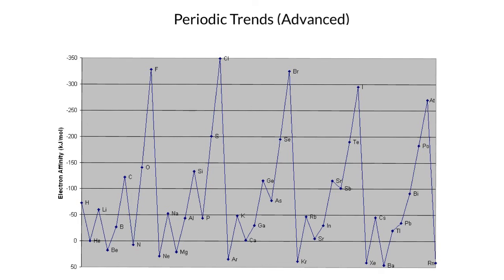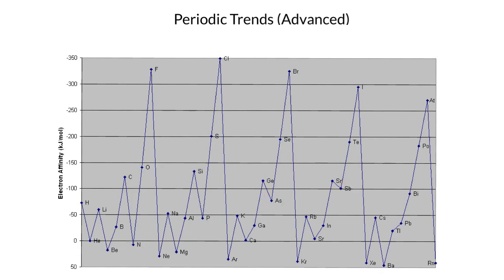These exceptions, again, are when you have to add a new energy level, like in the case of the noble gases, when you have to add a new sublevel, like in the case of the group 2 elements, and when you have to add an electron to a half-filled p, d, or f sublevel, like was the case for nitrogen, phosphorus, arsenic, antimony.